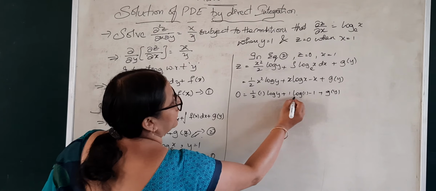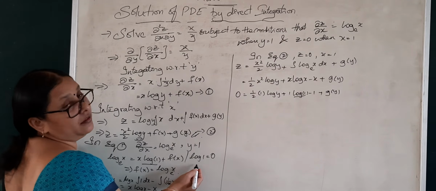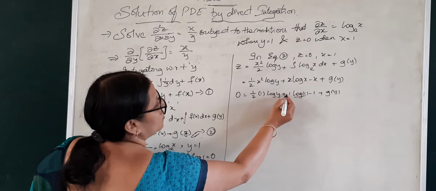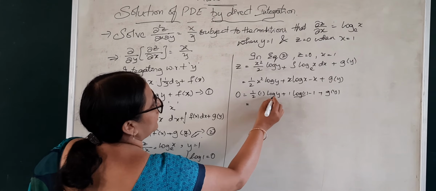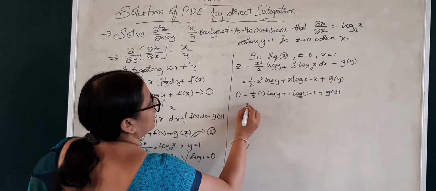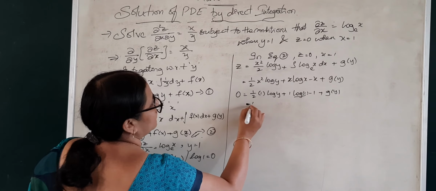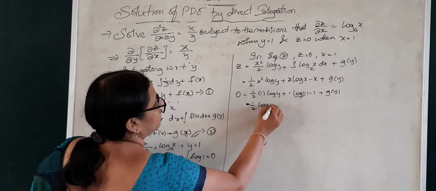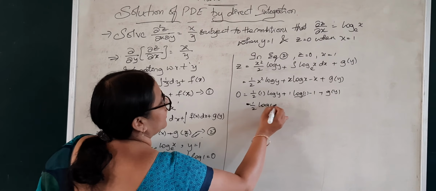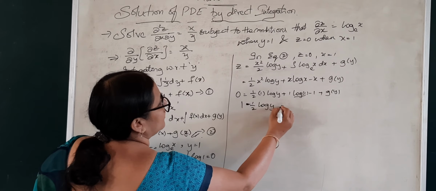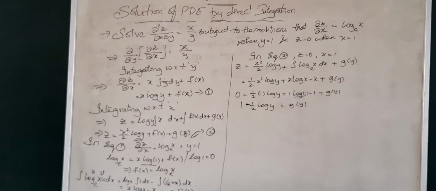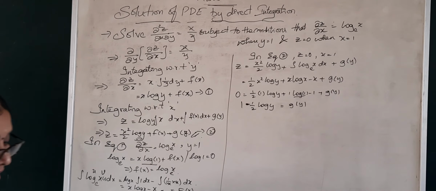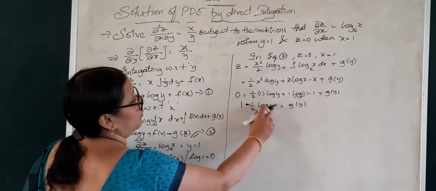And I told you already log 1 is 0, just now we have used it. So 1 into 0 is 0, the entire term is 0. This is going to be 1 by 2 log y goes that side, it will become minus 1 by 2 log y. Minus 1 goes here, it will become plus 1, equal to our g of y. So what is g of y? Therefore g of y is equal to 1 minus 1 by 2 log y.